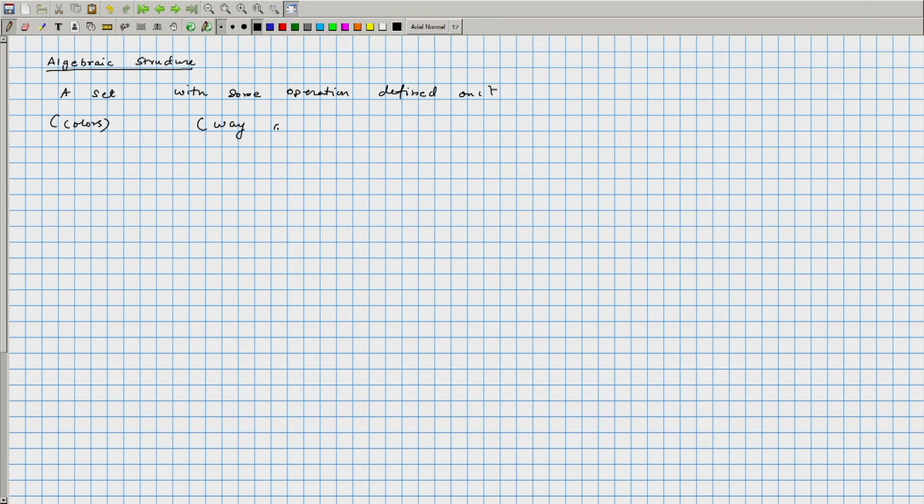And that was the way of combining. Okay. So depending upon what properties you insist on for the operation, you will get various algebraic structures. Okay. So in our case we had a set of 4 colors, and we told how 2 of them can combine to give rise to a third color. So the particular thing that we used can also be called a group.